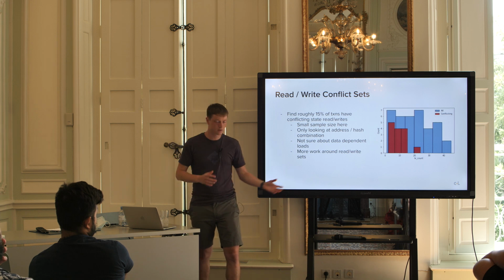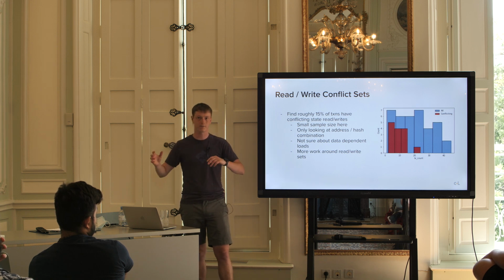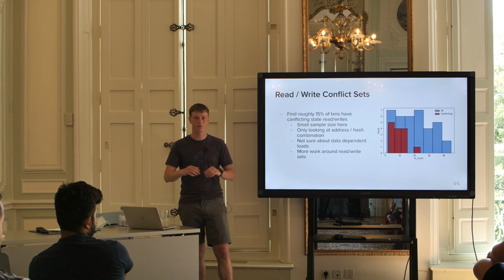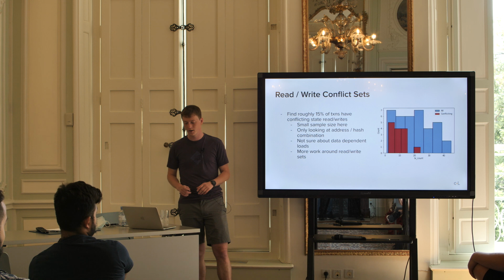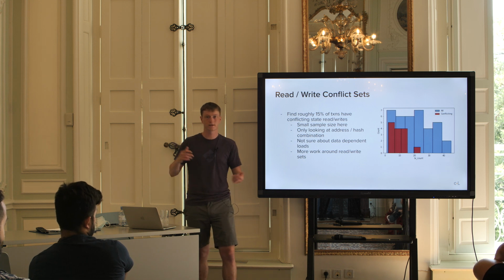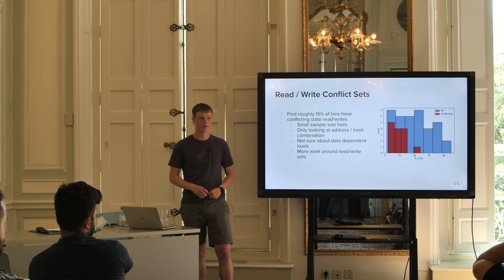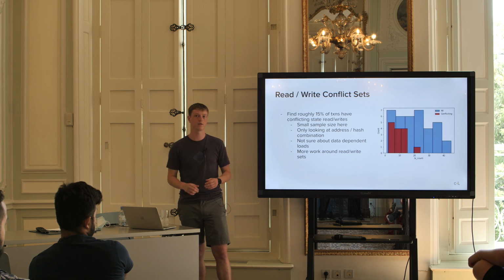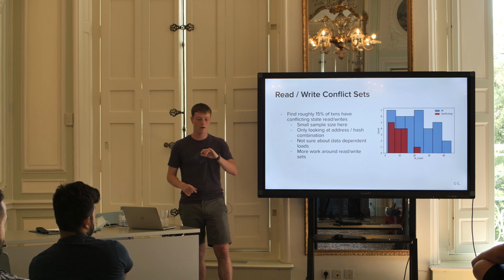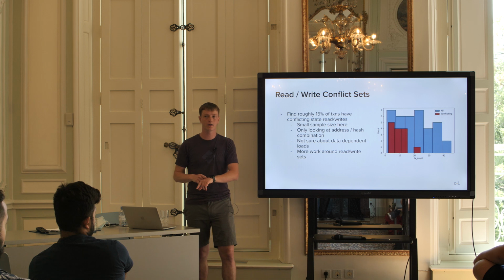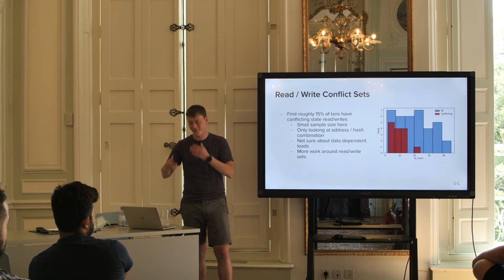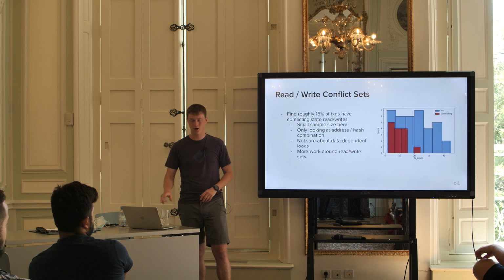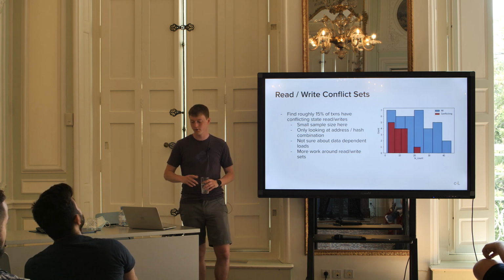I looked at a histogram of the total number of transactions per block and the total number of conflicting transactions per block. We find that it's, I don't know, 10 to 20% of transactions in a block that will have a conflicting pair of address and hash. So it's not zero, so people are interacting with the same smart contracts, but it's also not hugely high.